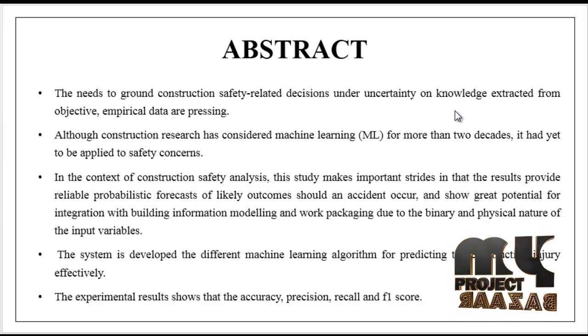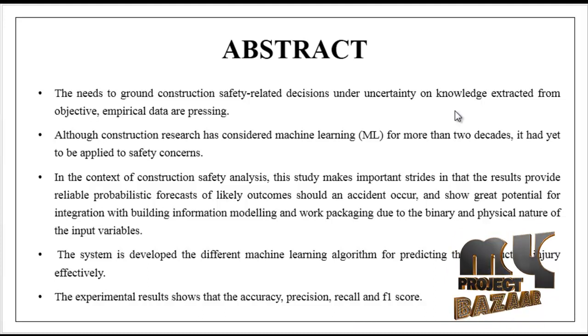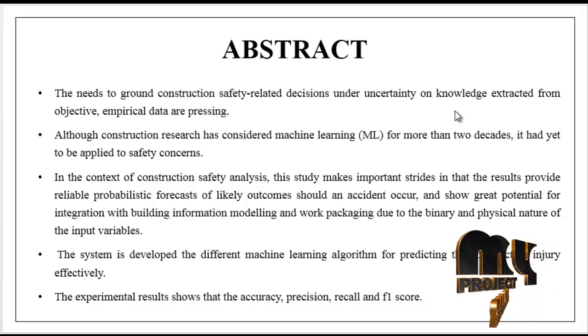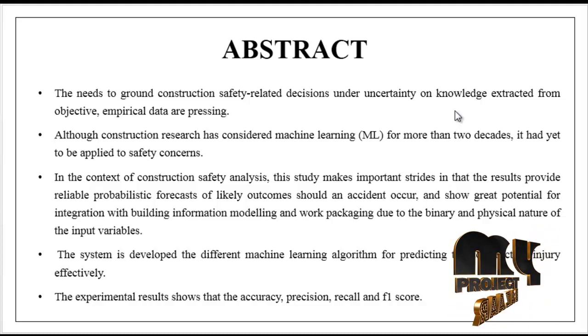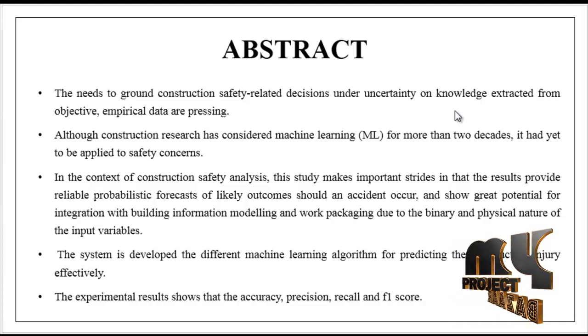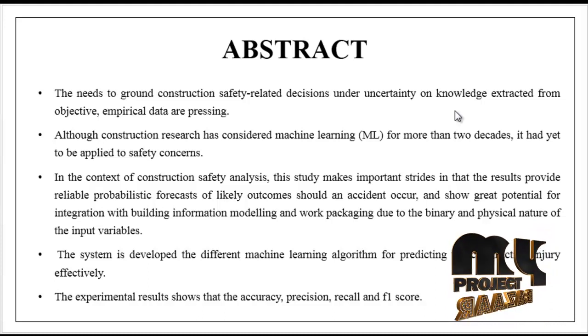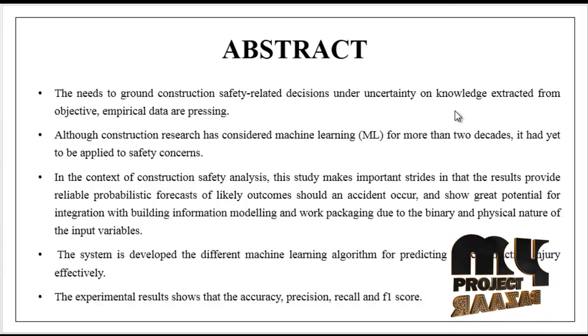Although construction research has considered machine learning for more than 2 decades, it had yet to be applied to safety concerns. In the context of construction safety analysis, the study makes important strides in that the results provide reliable probabilistic forecasts of likely outcomes should an accident occur.